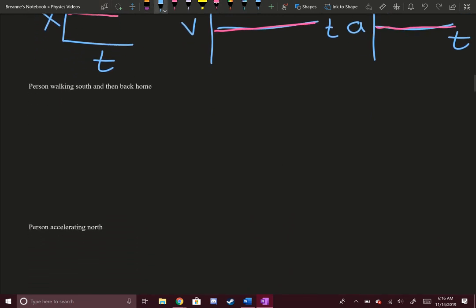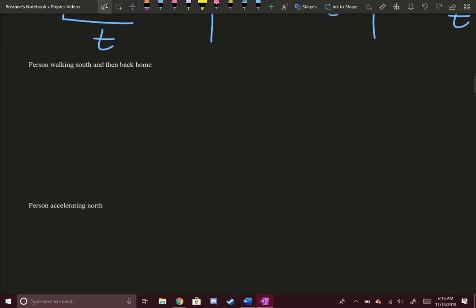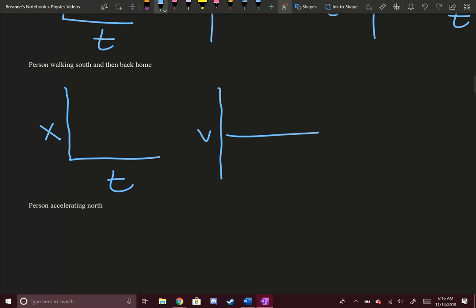So, a person walking south, then back home. This one can be taken a couple of different ways because it doesn't specify if it's accelerating or not, and I realized that after a couple of questions. So this one could go two different ways.